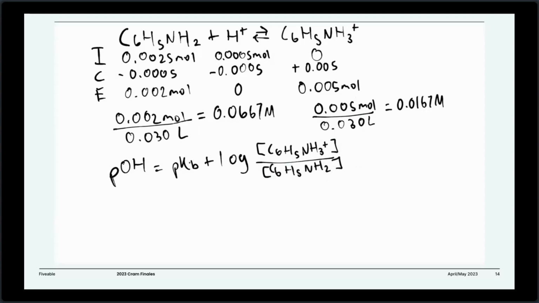Now from here, we don't have our pKb, but we can remember that the pKb equals negative log of our equilibrium concentration. So we can just plug that in there, and we know our equilibrium concentration.